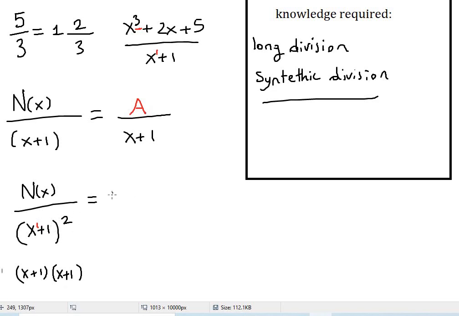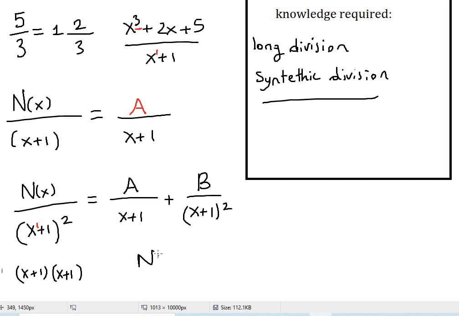In this case, we have to write x plus 1 for the first factor, and some constant a on the numerator. Because this is linear, our numerator will be 1 less degree than this, which is constant, plus for the second factor we use x plus 1 to the second and another constant b.